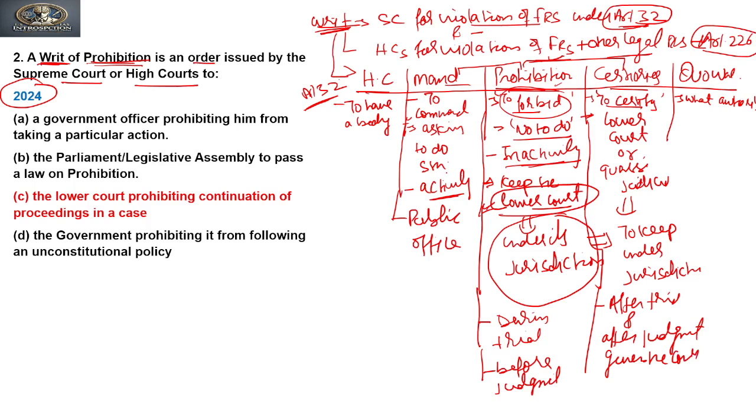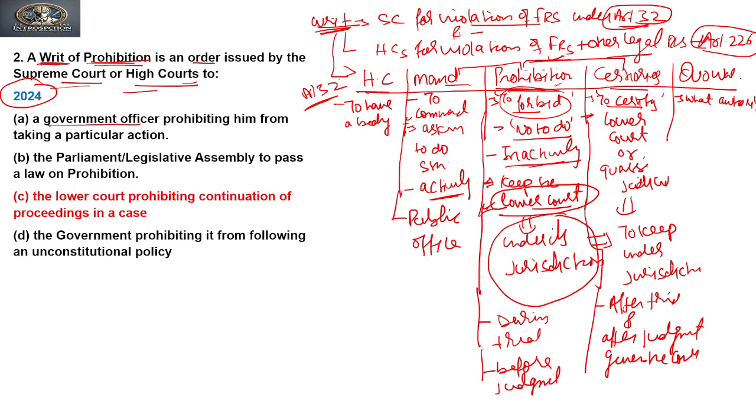Now let's analyze the options. The question is about a writ of prohibition, an order issued by the Supreme Court or High Court, to which authority? Is prohibition issued against government officials?